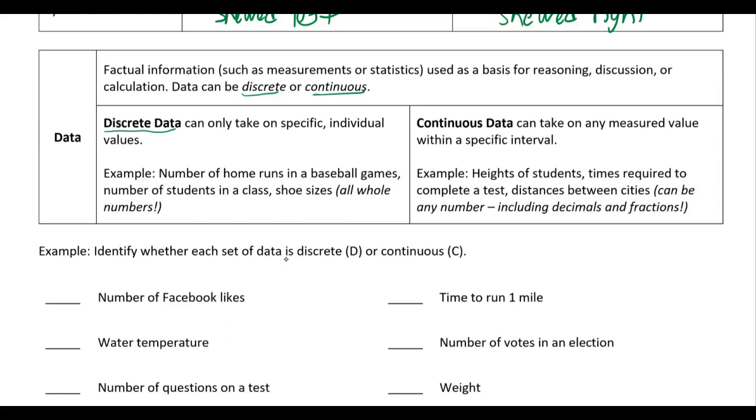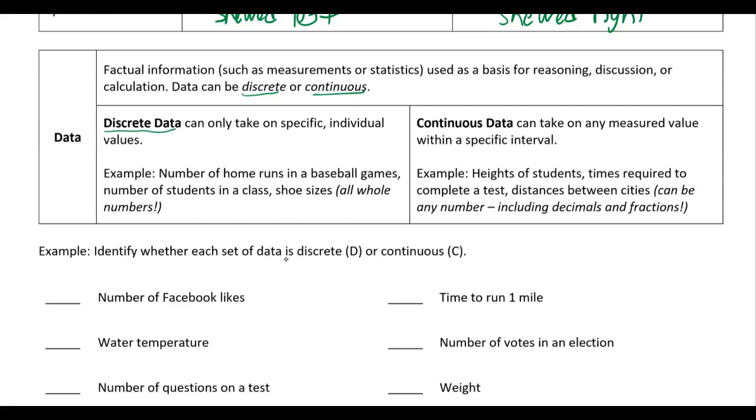Continuous data can take on any measured value within a specific interval. So with heights, you can be 5'1", 5'2", 5'3", 5'3 and a half, 5'3 and a quarter. It can be any measurement in between. There is no set data point that you're jumping between. Time required to complete a test, right? You can complete a test in minutes, seconds, hours.